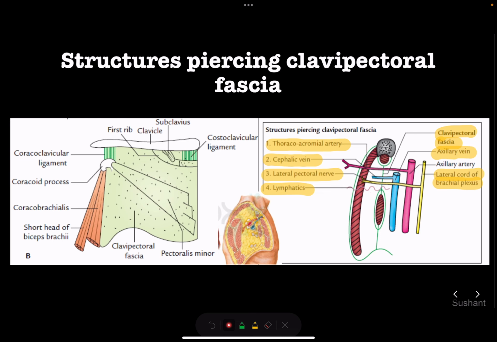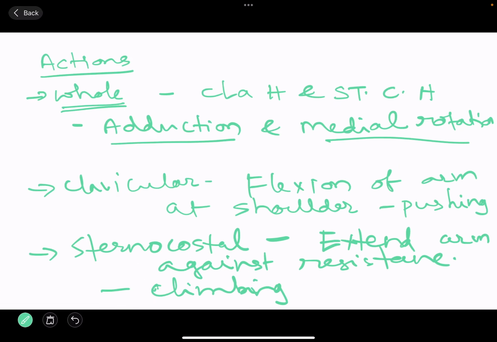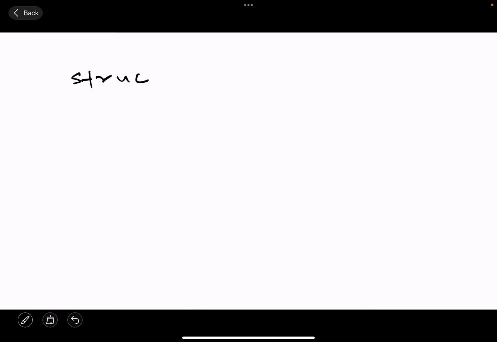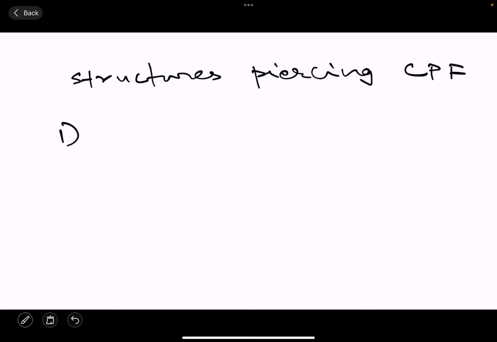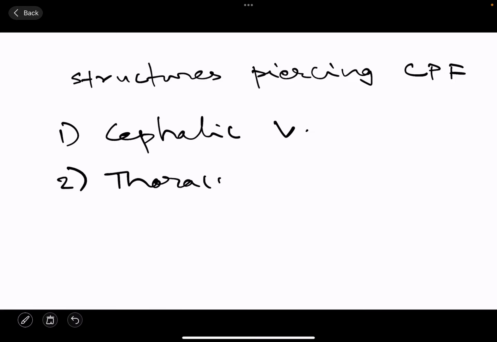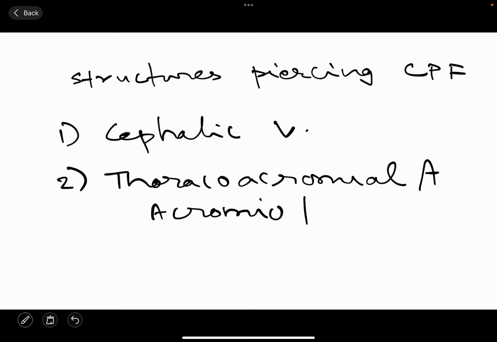So what are the structures piercing the clavipectoral fascia? Mainly we have four structures piercing the clavipectoral fascia. One is the cephalic vein. Then we have the thoracoacromial artery, also known as the acromiothoracic artery, both the same.